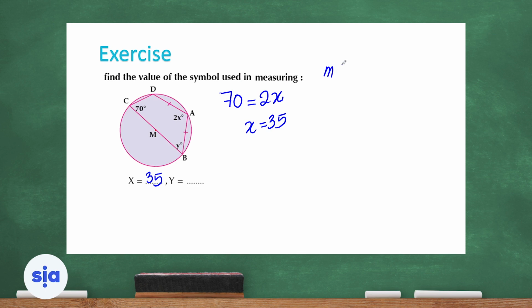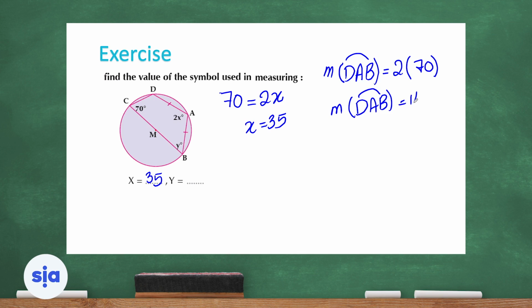So the measure of arc DAB is double angle C, which is 70, so the measure of arc DAB is 140 degrees. As long as CA is a diameter, the measure of arc CD is 180 minus 140, which is 40 degrees.